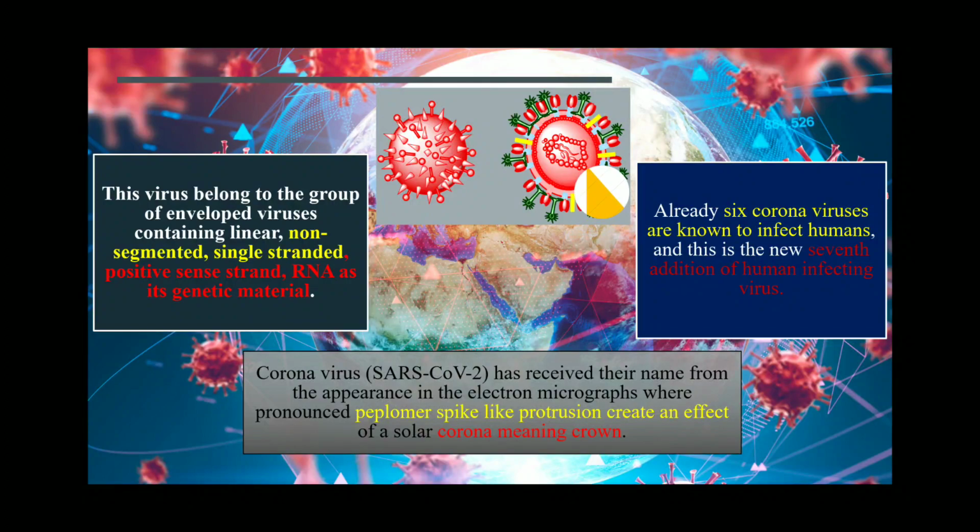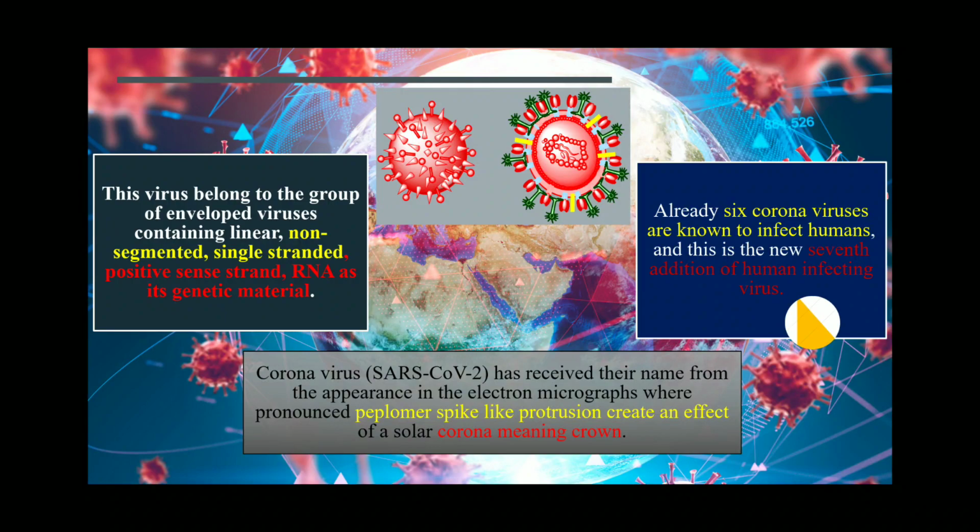Okay, because most of the viruses have DNA as their genetic material, but it is having RNA as its genetic material. And the most interesting fact is, till date, means till 2019, 6 coronaviruses were known to infect the humans. This is the 7th edition of human infecting virus. That means 6 coronaviruses have been already detected previously.